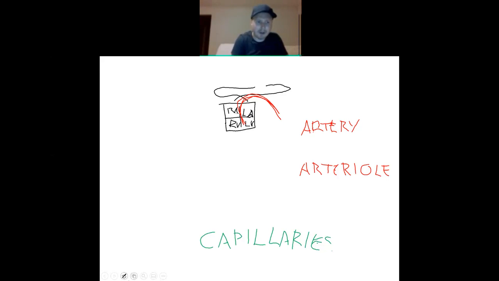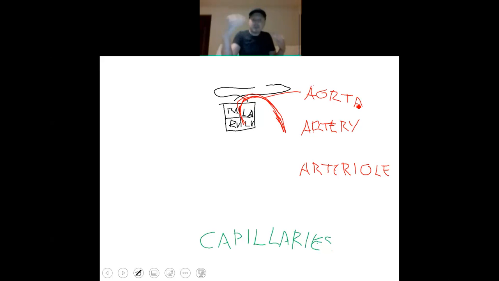And just to revise really quickly, we had different kinds of arteries. And you remember that the aorta is the first vessel that comes out. So the aorta is now dealing with this high pressure and pulsatile flow of the blood that's coming out of the heart.